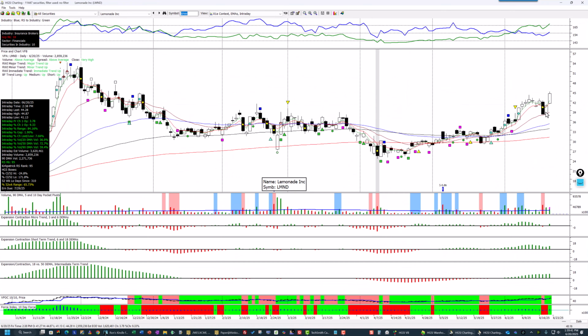So here is the candle right here, which was located with the one-day reversal scan, and you can see that this stock is moving up nicely today, following through.